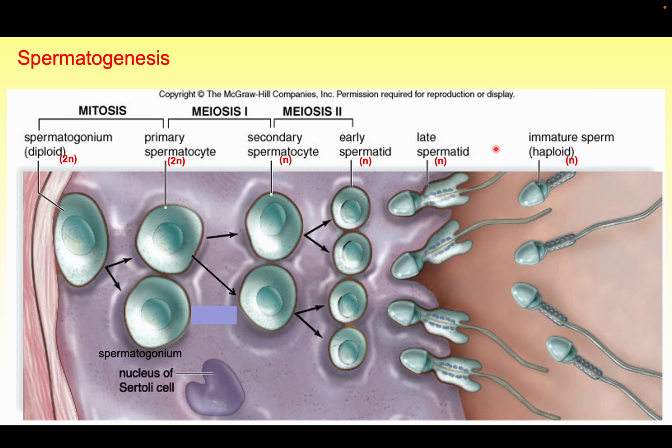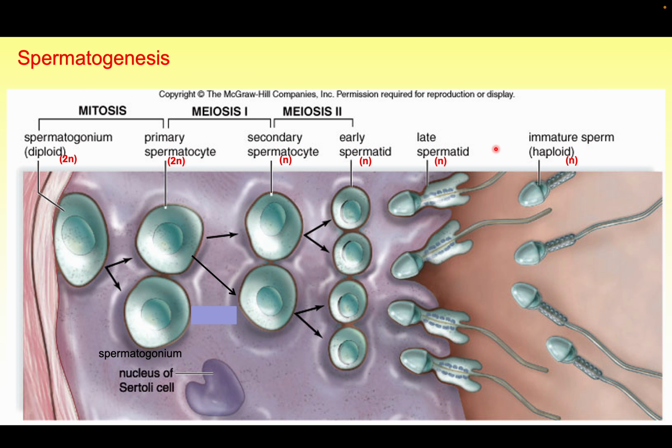Right, so we have specific names or specific types of cells for all the stages. Your spermatogonium, which is in diploid state, is expected to possess a diploid set of chromosomes, and as the spermatogonium matures, it will transition to become a primary spermatocyte, and that primary spermatocyte will undergo meiosis 1.